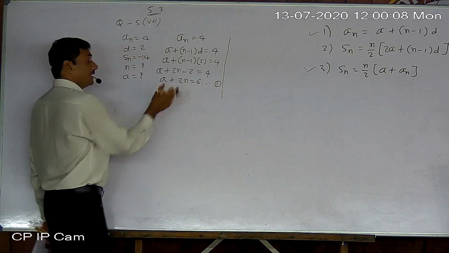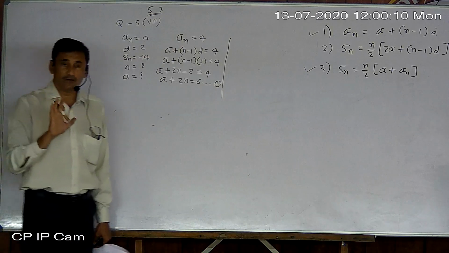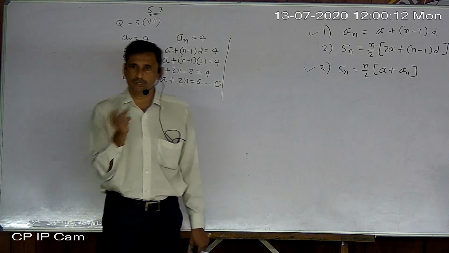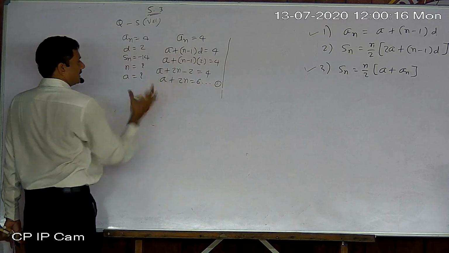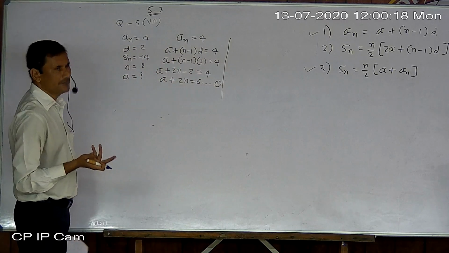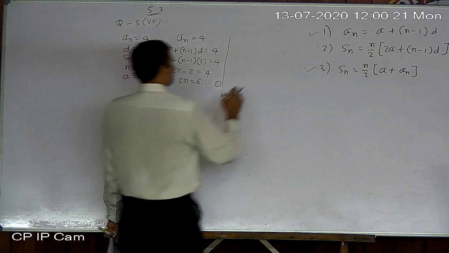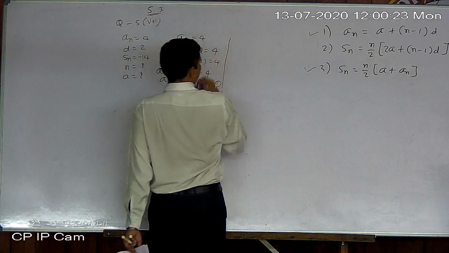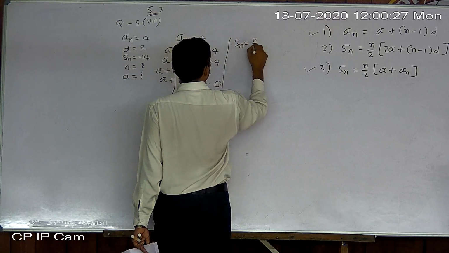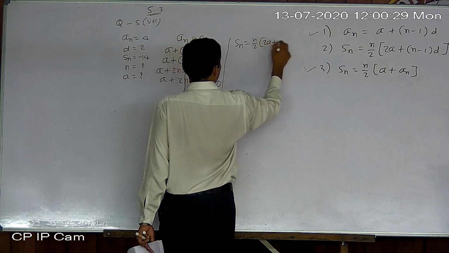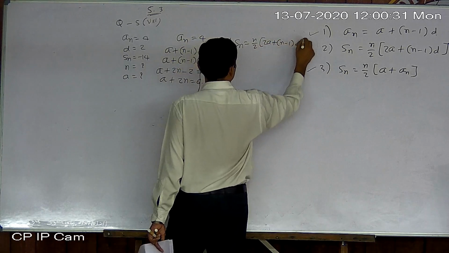But in the form of a and n. So far we came across many equations in the form of a and b, but first time in the form of a and n. No problem. We will find it. Now look here in the second one. S_n equal to n by 2 times 2a plus n minus 1 d.